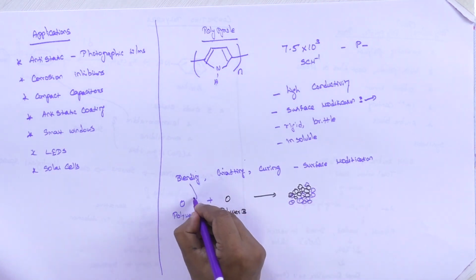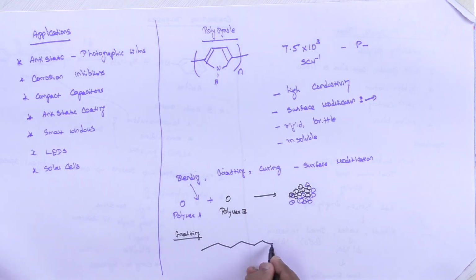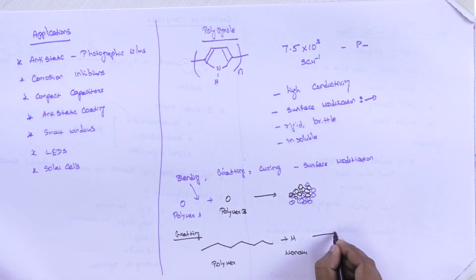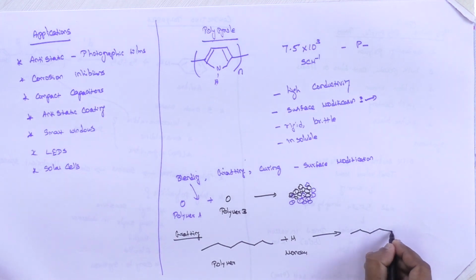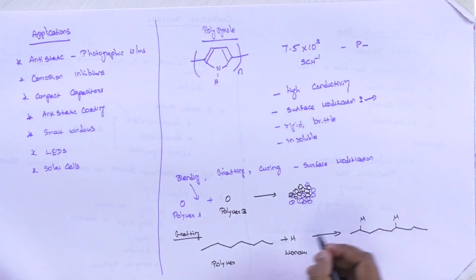The second is grafting. This is your polymer chain and a monomer, grafted like this. So grafting is done between a polymer and a monomer.